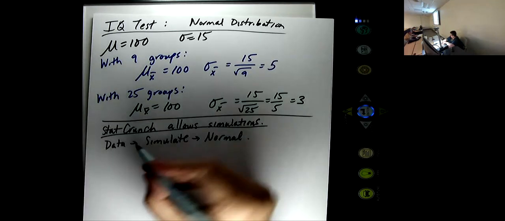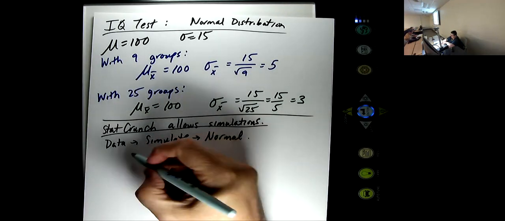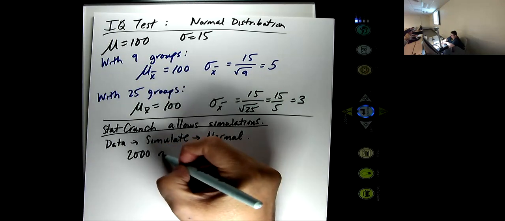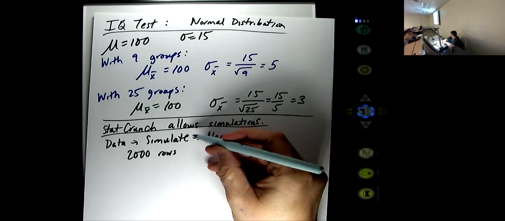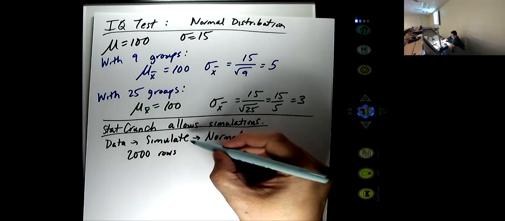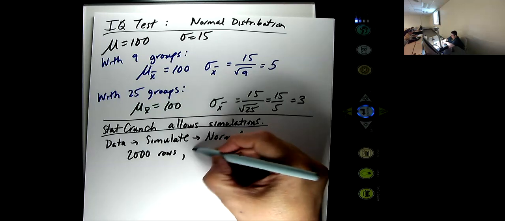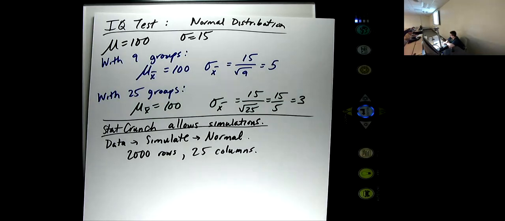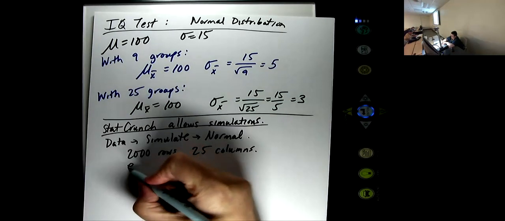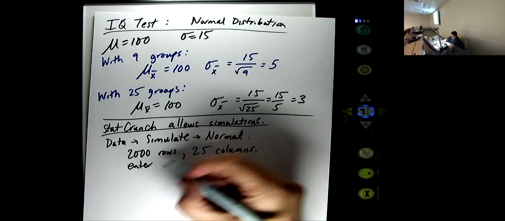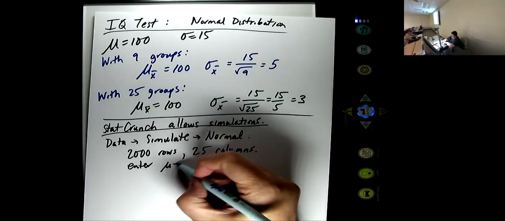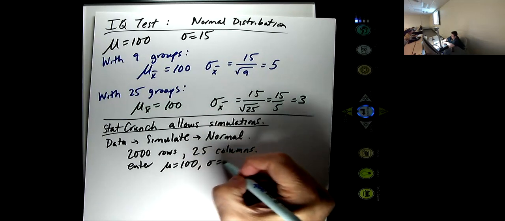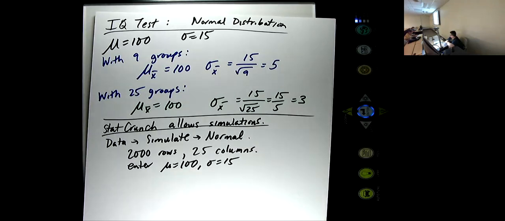I told it I wanted 2,000 rows, and I believe I had 25 columns listed. And then you also have to enter mu equals 100, standard deviation is 15. Gotta give it the normal distribution for the IQ test.